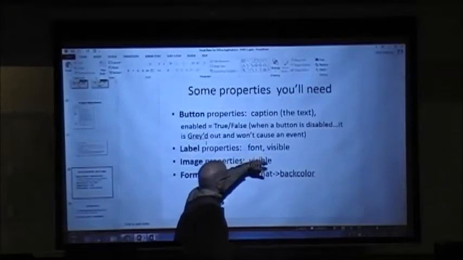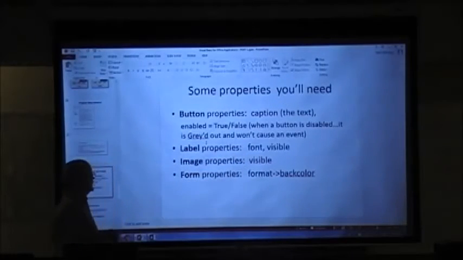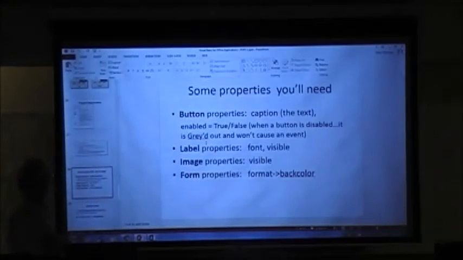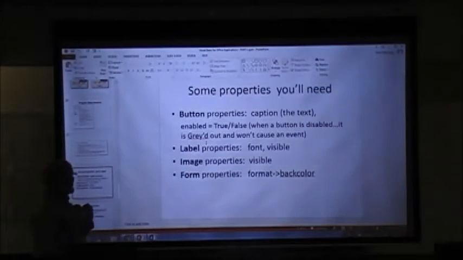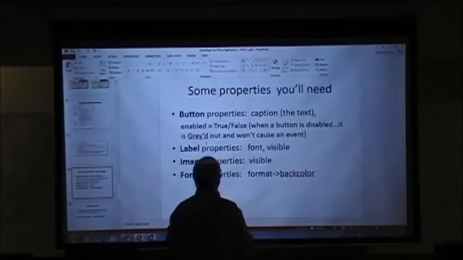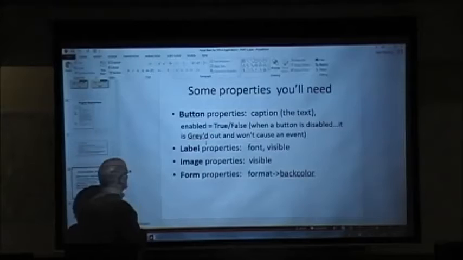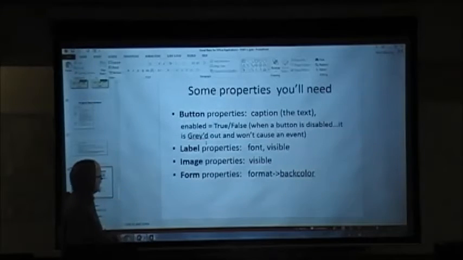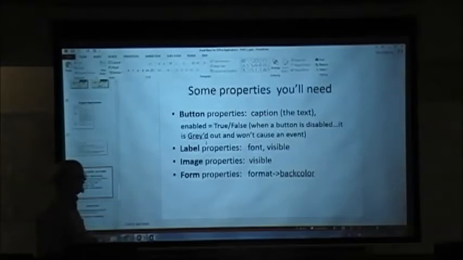Properties you can change are like the font. You can make it different font. We've done that before. You can make the label visible as well. So you can set visible to false to make it invisible. Image properties, we looked at that. Form properties. We can do background color if you like.